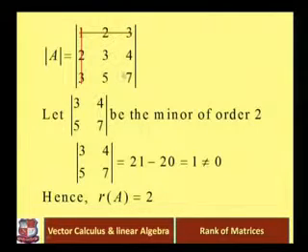So here at least one minor has a non-zero determinant. So we conclude that rank of A is equal to 2. We have seen in this example that if a minor of the matrix has a non-zero determinant, then that minor's order is equal to the rank of the whole matrix.